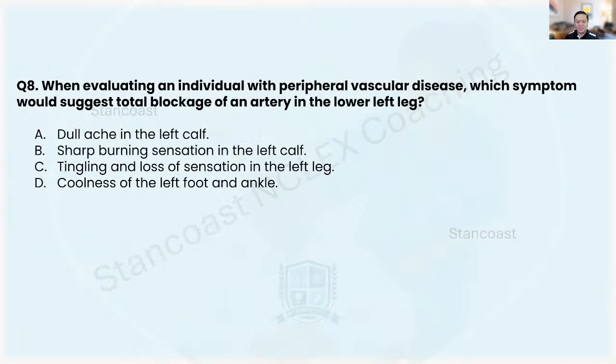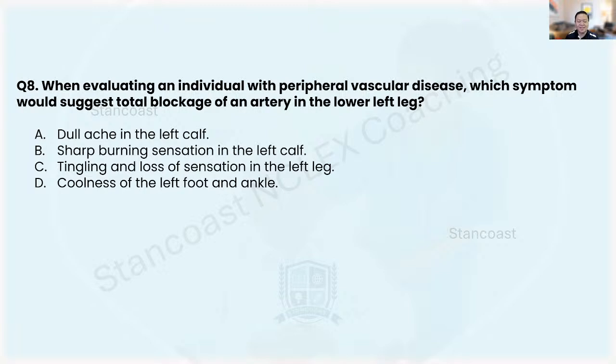Question number 8. When evaluating an individual with peripheral vascular disease, which symptom would suggest total blockage of an artery in the lower left leg?